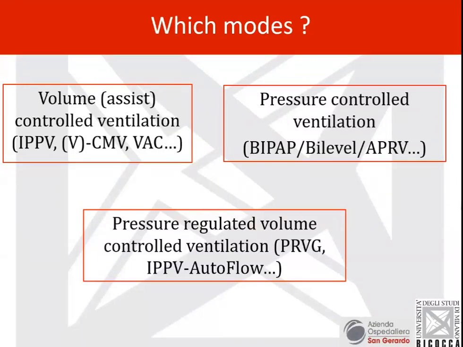As we will see, the target we set in the ventilator is a volume target, but then the ventilator will work as if it was in a pressure controlled mode, and we will see how this works.